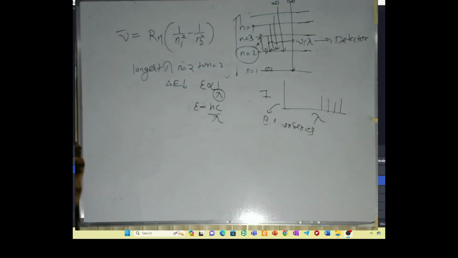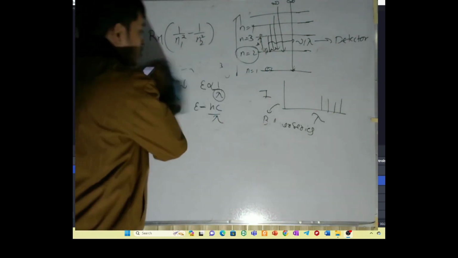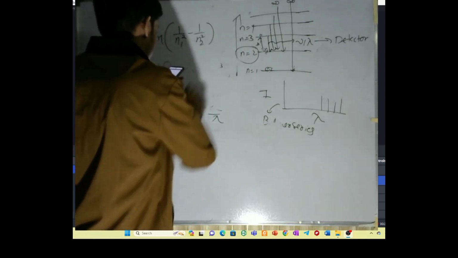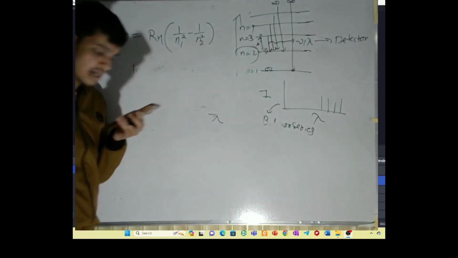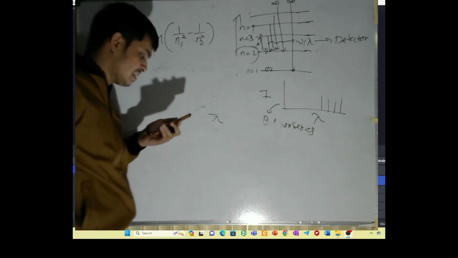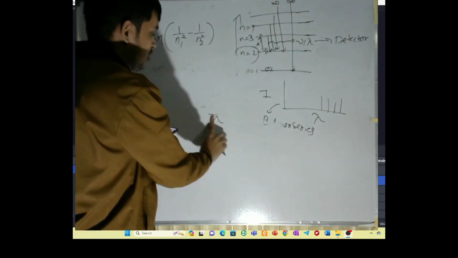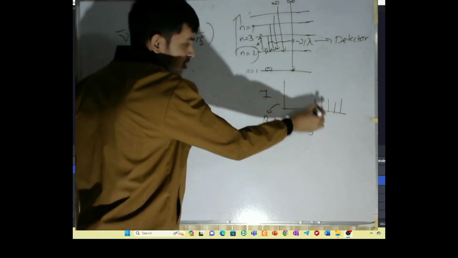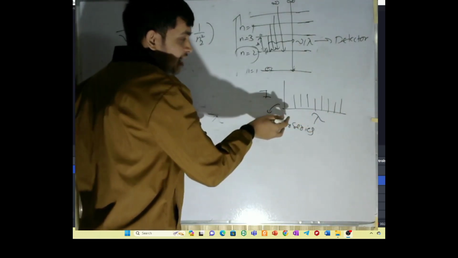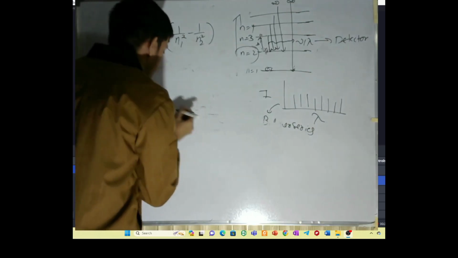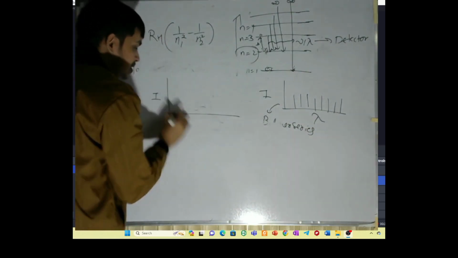Now let's check option number 4. It says that as wavelength decreases, the lines of the series converge. It means it is talking about this series. This series is not like parallel lines.